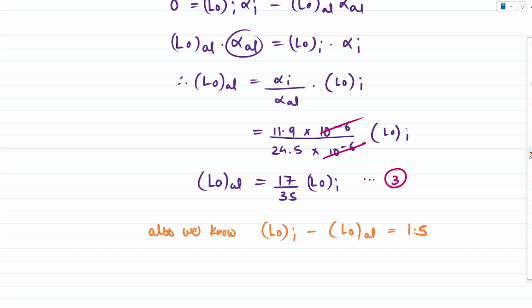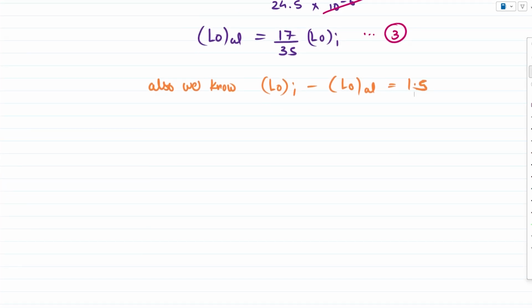So from 3, if we substitute this value of L₀ of AL in place of this, we would get an expression in terms of only one variable, and then we will be able to find the length of iron at 0 degrees Celsius, and eventually the length of aluminium rod as well. So step 1, let's substitute the value of L₀ of AL as 17 upon 35 times L₀ of I in this equation.